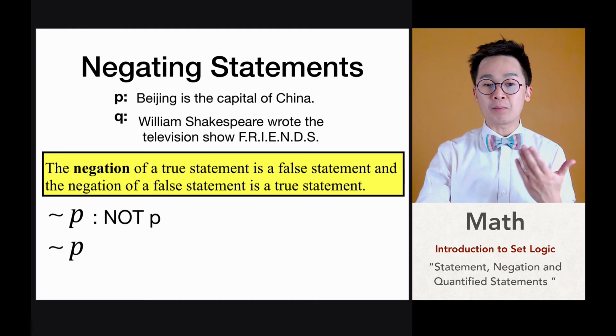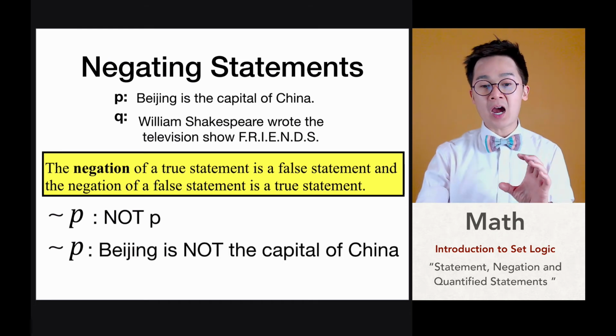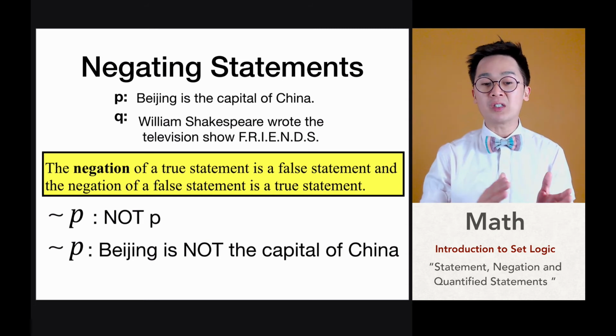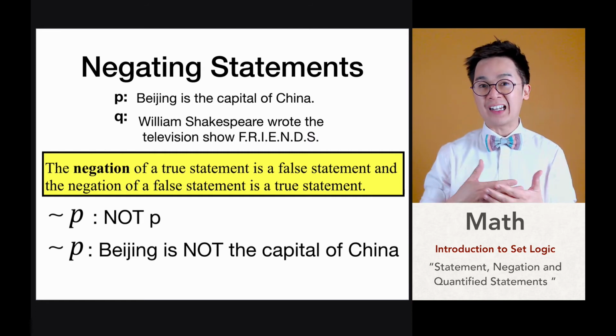So instead of Beijing is the capital of China, not P will therefore be Beijing is not the capital of China. Notice that we just added the word not in the statement, making sure that it makes sense.